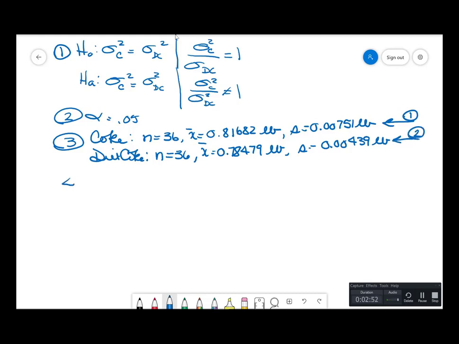So now in step 4, we're going to write the formula of what we're going to do. We're going to use an F test. And our F ratio is our variation of sample 1 over our variation in sample 2. Okay? Now, this is where we're going to go to StatCrunch and actually do the math.